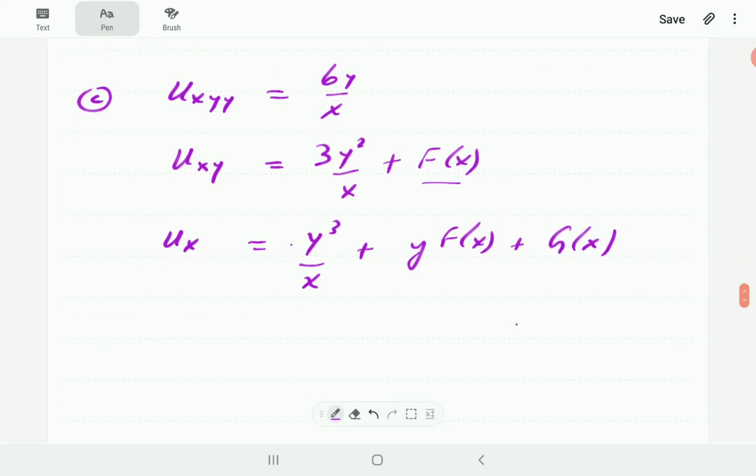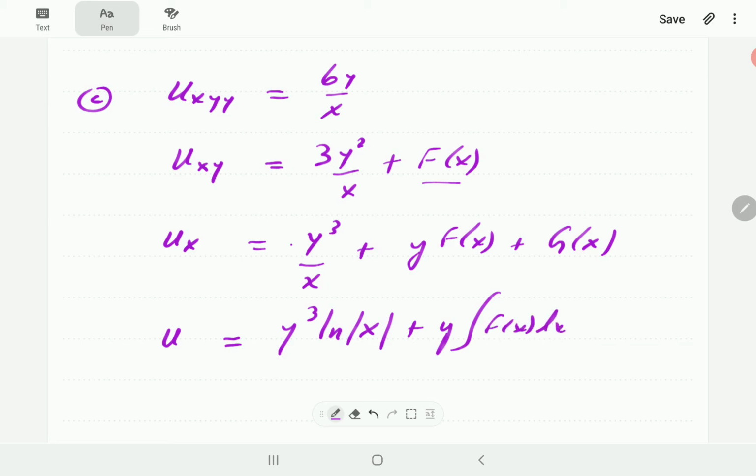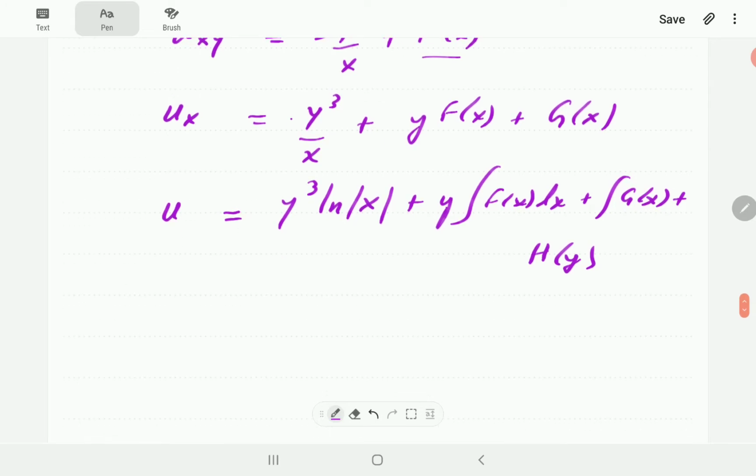g of x. Then lastly, we integrate with respect to x. So this is going to be y cubed ln magnitude x plus y integral of f of x plus integral of g of x plus an arbitrary function of y. At this point, we can do one of two things.